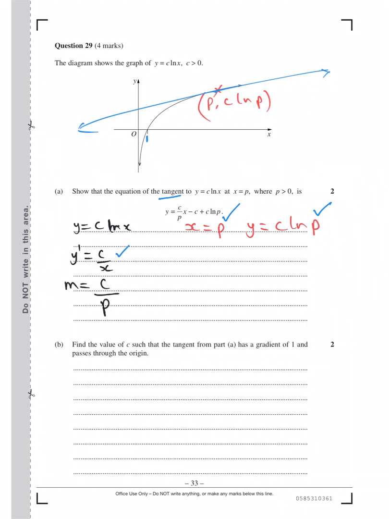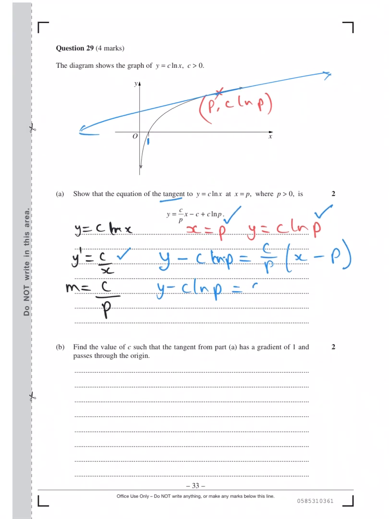Now, to substitute into my point gradient formula, I'm going to have y minus my y value, c log p, equals my gradient, c over p, times x minus p. Tidy that up a little bit: y minus c log p equals c over p x minus c.